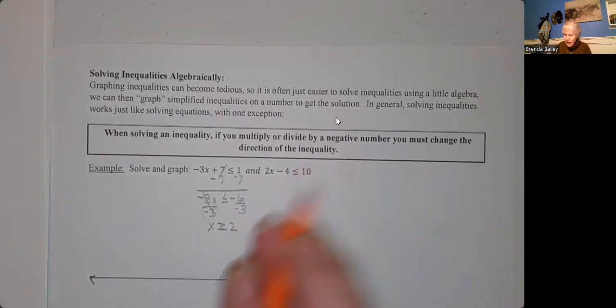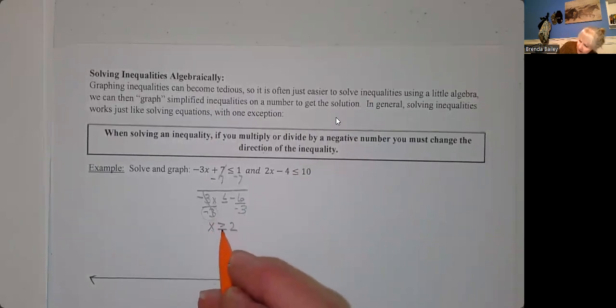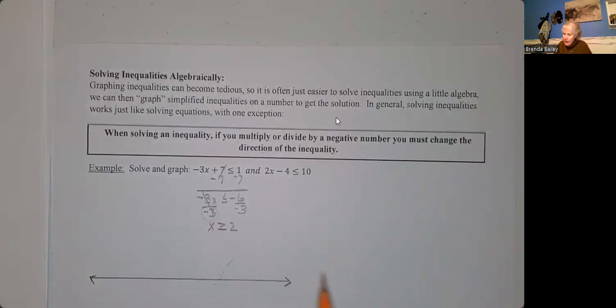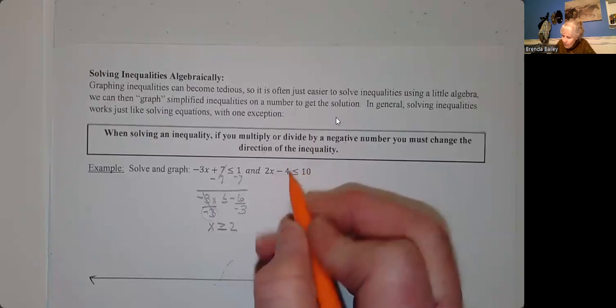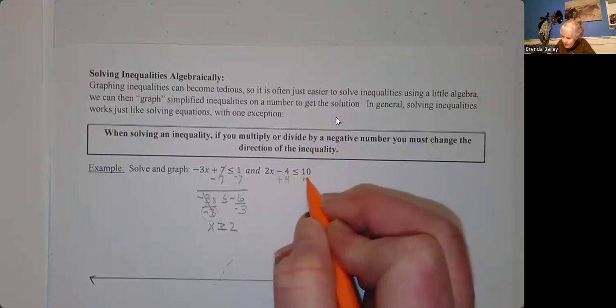And I do like having the x on the left. So if it ends up over here, just flip things. And also, when you flip the sides, we talked about this. This will also flip. But let's go ahead and get the x by itself. We add 4 to both sides.